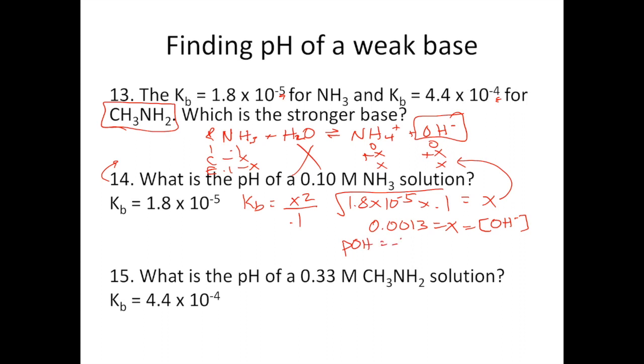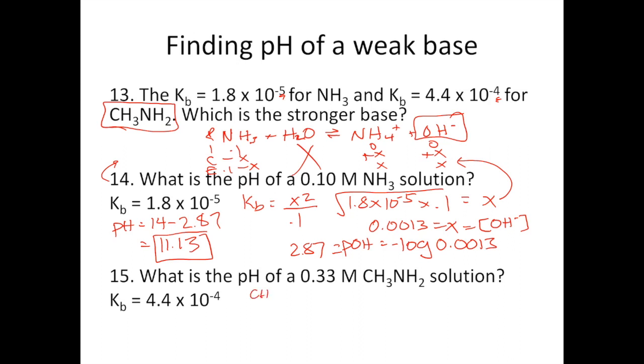I'm going to first find the pOH and then just subtract because that just seems the easiest way to do it. Just don't forget that you have to do this with bases. All right, so my pOH ends up coming out to be 2.87, but that's not my pH. My pH is going to be 14 minus 2.87, which is 11.13, and that is my pH. Just don't forget that last step. Once you find the pOH, then you have to subtract from 14. All right, try the next one.